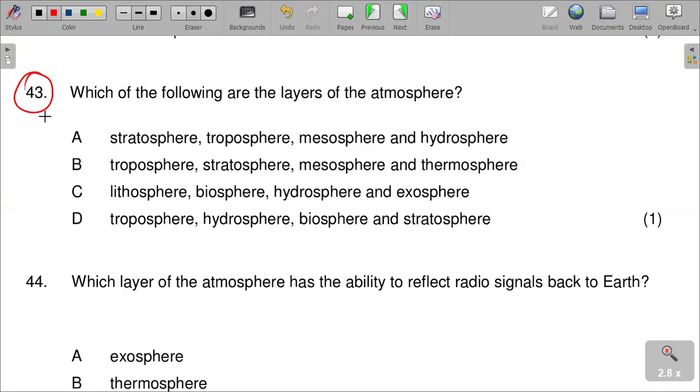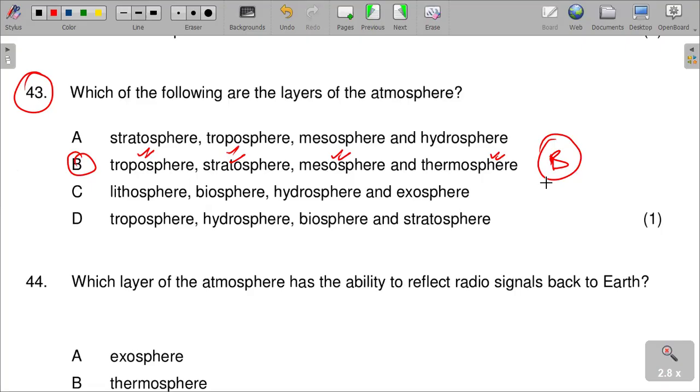If you check, these questions are always repeating, so having worked through question papers, we will never go wrong. It is the troposphere, the stratosphere, mesosphere, and of course the thermosphere, so B can be correct.